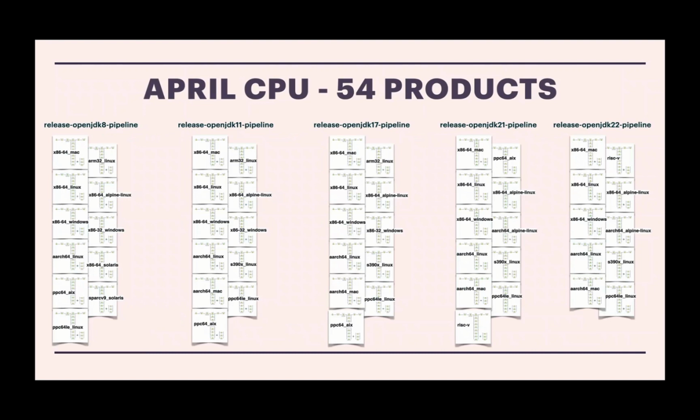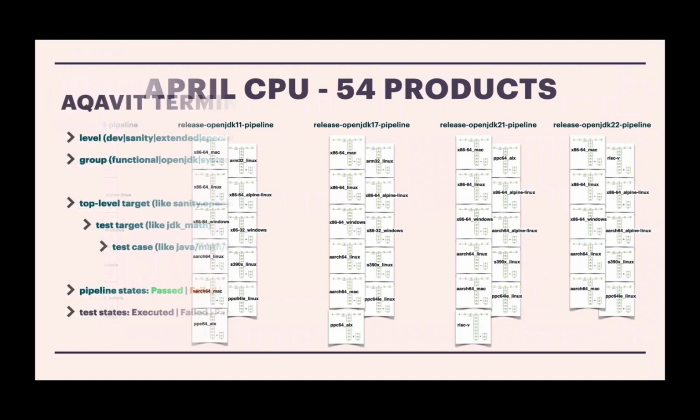And for April, of course, we see an additional version happen. So we now have 4 LTS releases and the JDK 22 pipeline. Each one of those releases have 10 or 11 platforms covered under them that we deliver. So all this to say, it's a lot of things to look at.